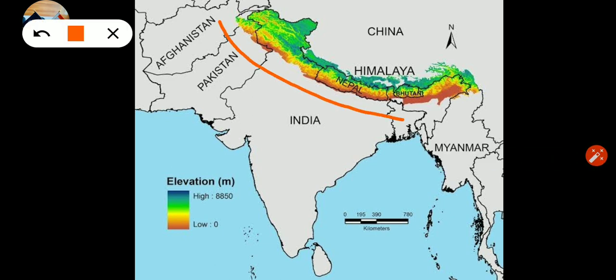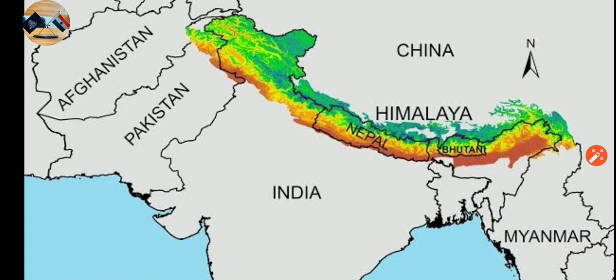See these areas. This is the Himalayan mountains of India. It extends from the Pamir range in the northwest. It starts from the northwest, that is the Pamir range. Approximately here comes the Pamir range. So the Pamir range is in the northwest, and it extends till the northeast up to Assam.